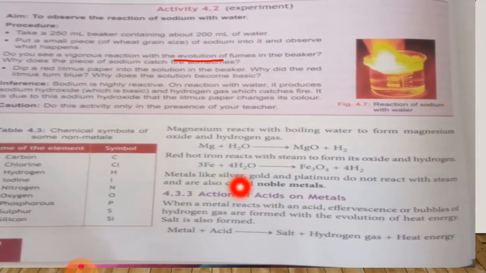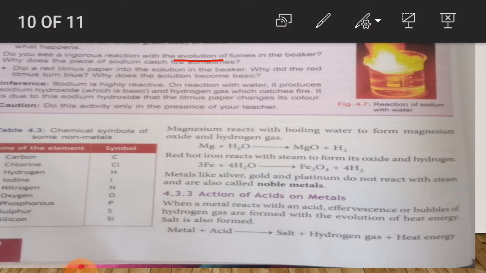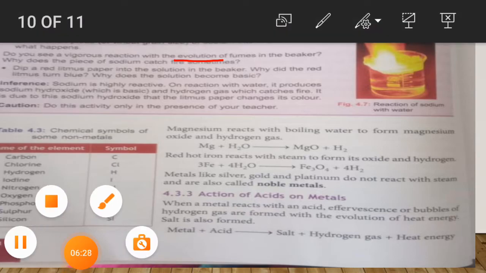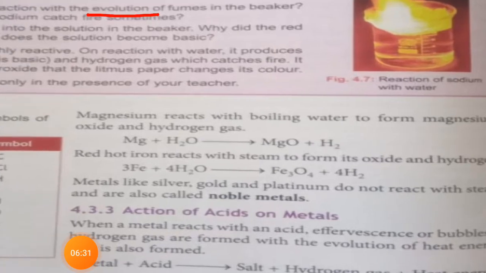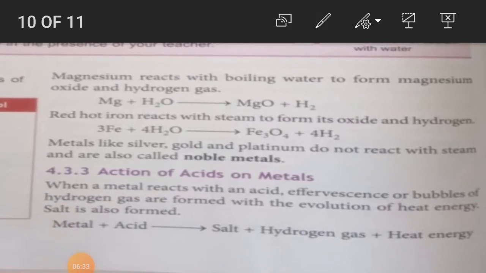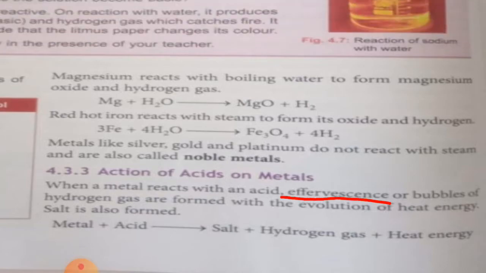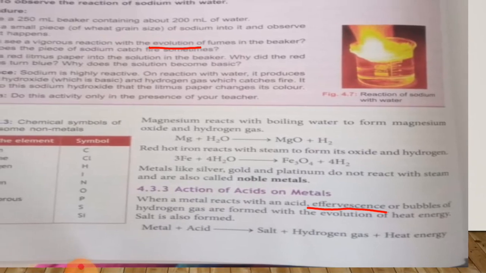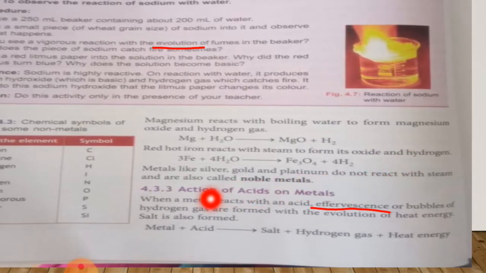Now, action of acids on metal. When a metal reacts with an acid, effervescence or bubble of hydrogen gas are formed. With the evolution of heat, energy, salt is also formed. So, here we can see, underline this word, effervescence, which means when fumes comes out with bubbles or bubbles of hydrogen gas are formed.